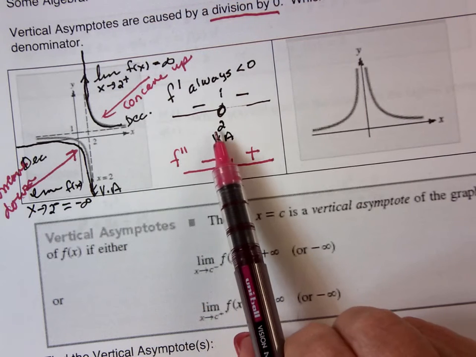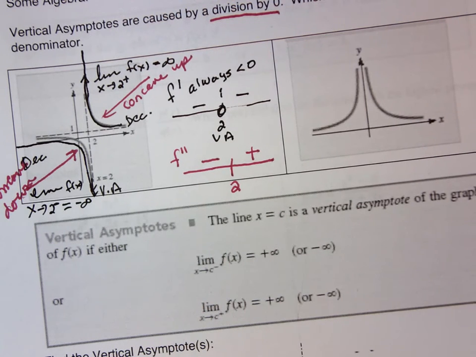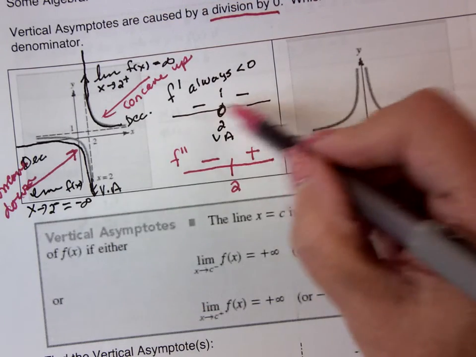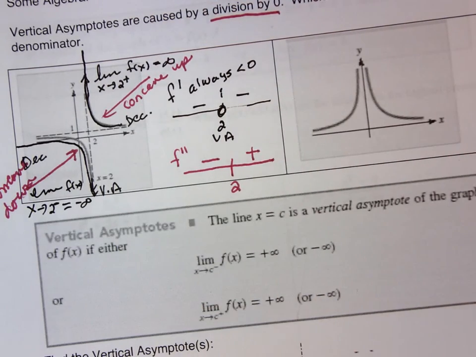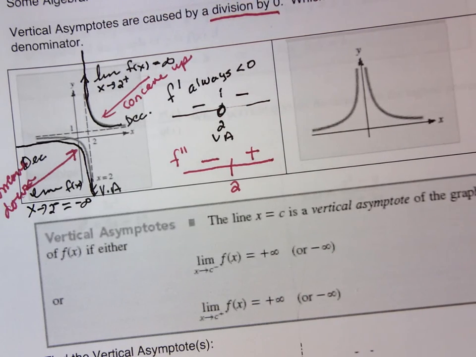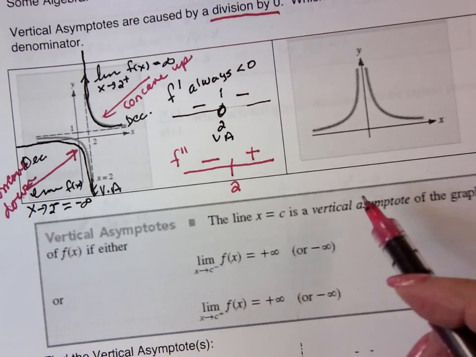And I could mess up on increasing and decreasing if I don't include the VA. More on concavity than anything else, because this guy's always decreasing, I should be okay. But if he was increasing on one side, decreasing on the other, then I have a little bit of a problem.